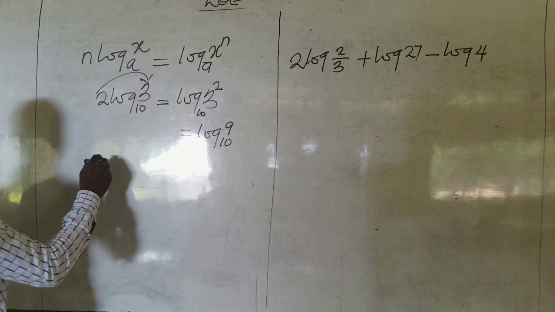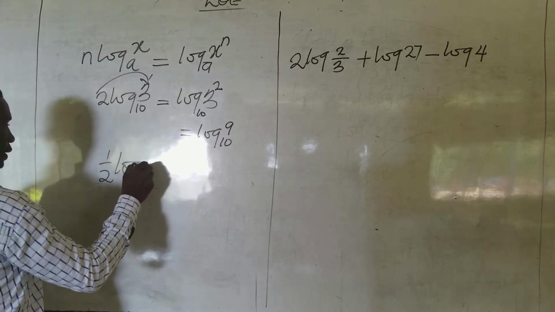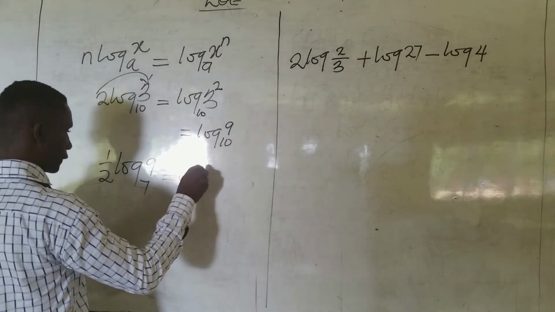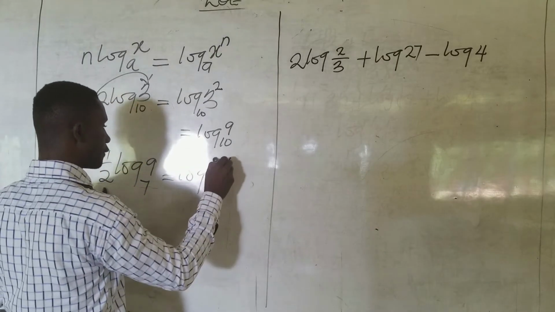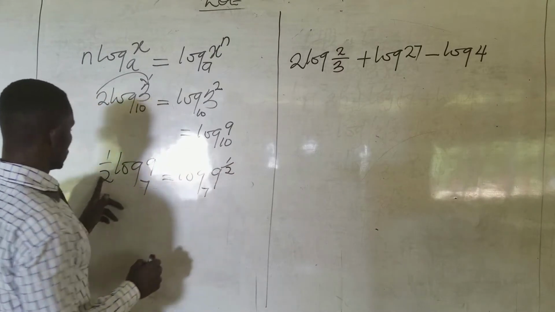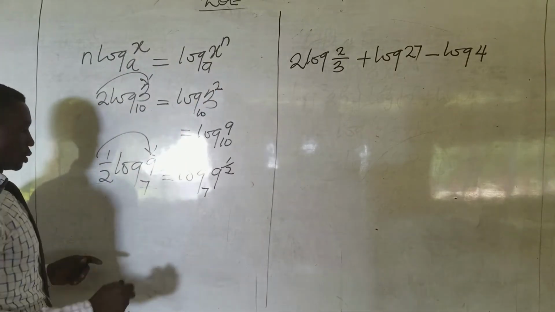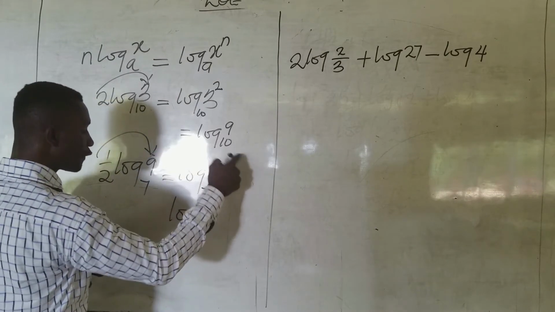If you have half log 9 base 7, this is the same as log 9 to the power half, base 7. The half comes this way, you see the log. So this will give you log 9 to the power half. The half means square root.